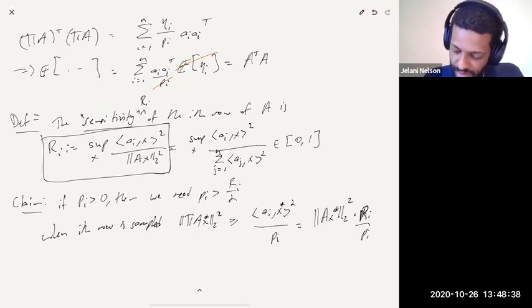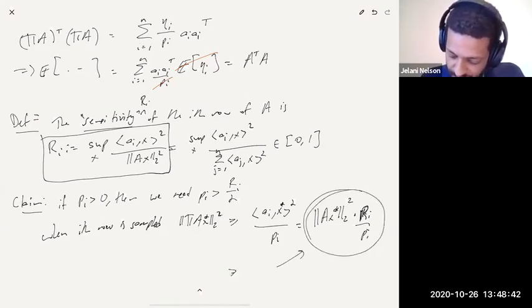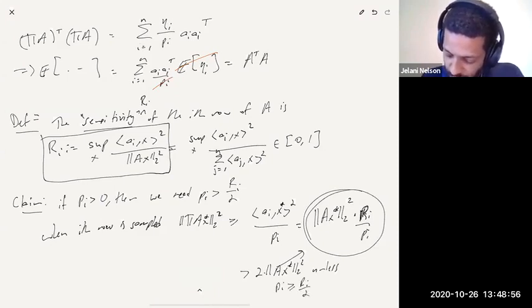This thing here now is bigger than 2 times the L2 norm squared of ax star, unless pi is at least Ri over 2.